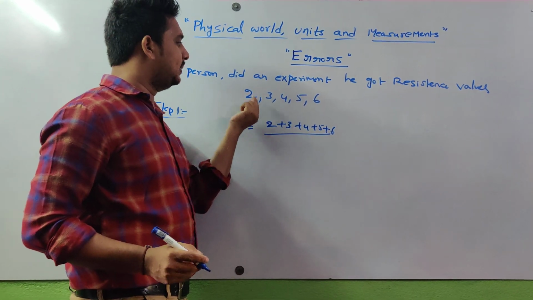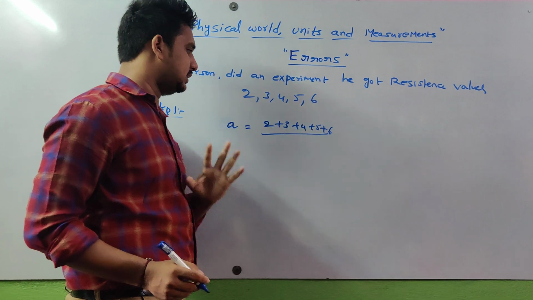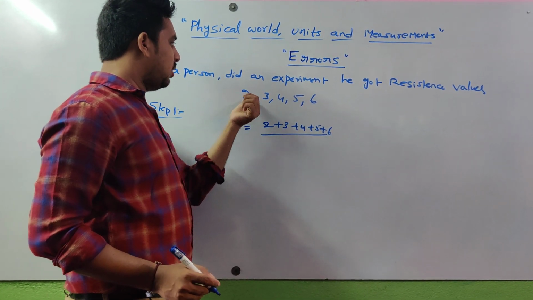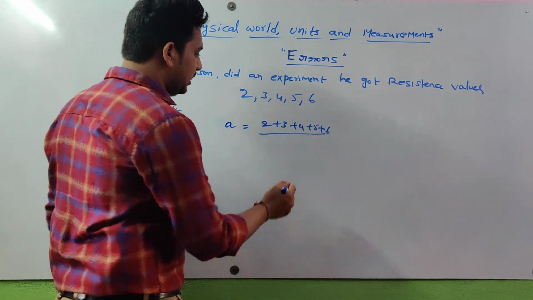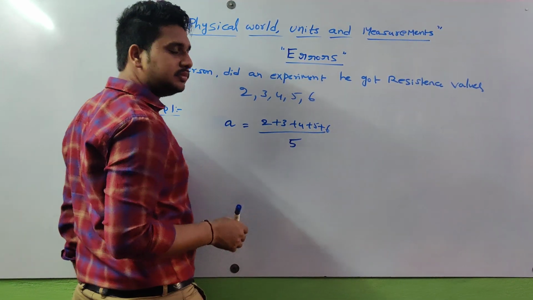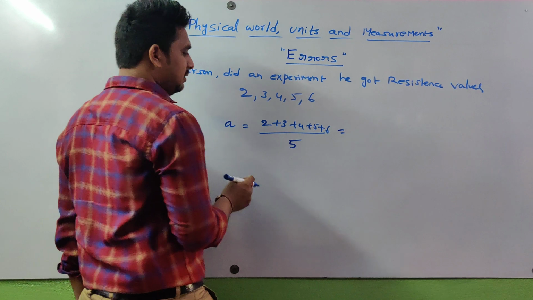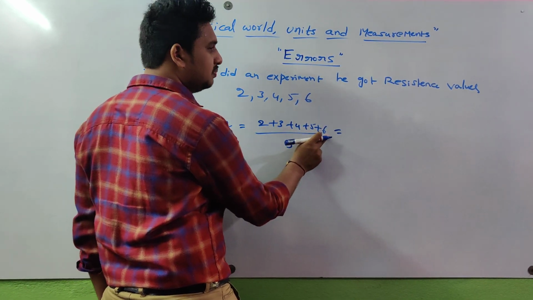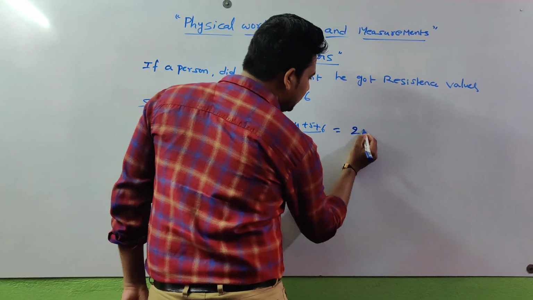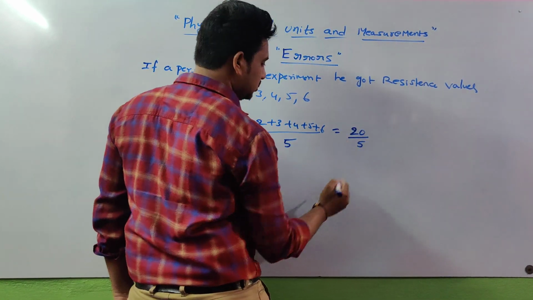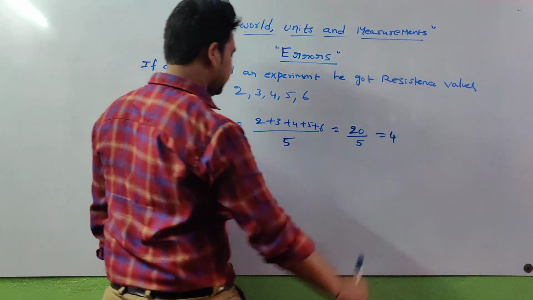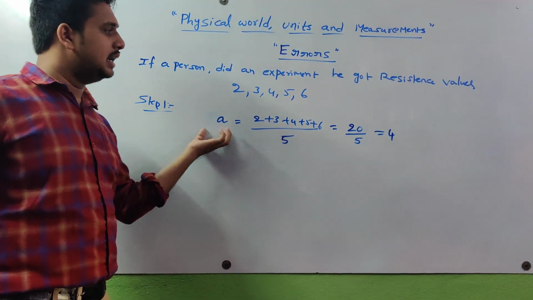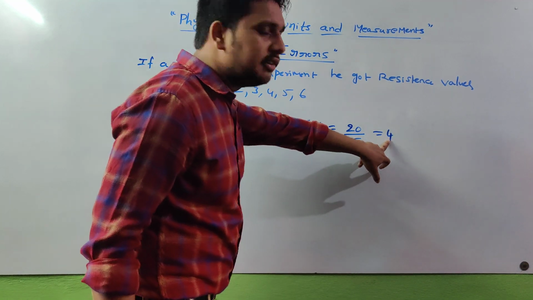The sum is 2 plus 3 plus 4 plus 5 plus 6, and there are 5 numbers. 2 plus 3 is 5, 5 plus 4 is 9, 9 plus 5 is 14, 14 plus 6 is 20. 20 divided by 5 gives 4. So the average of all readings is 4.